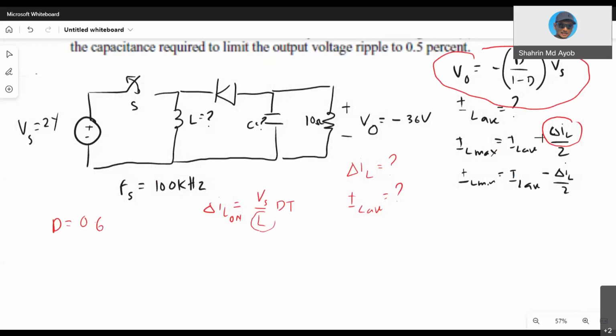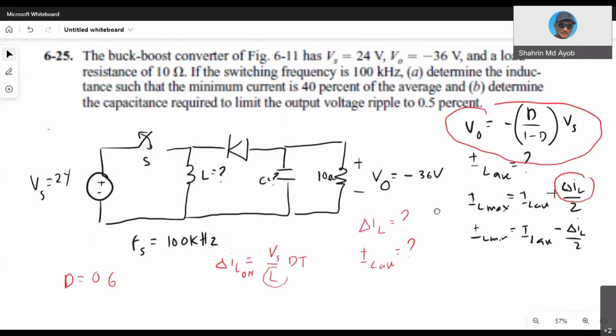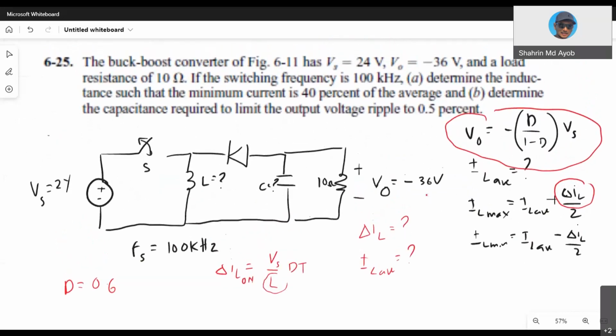So right now, we cannot use delta IL to start with. What is the information that we can use? The minimum current IL min is 40% of the average inductor current.